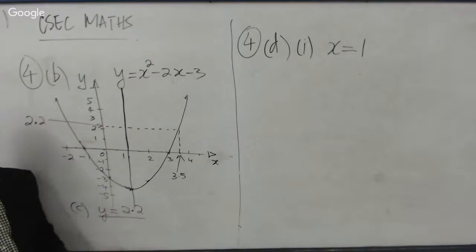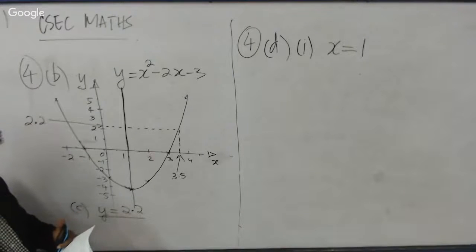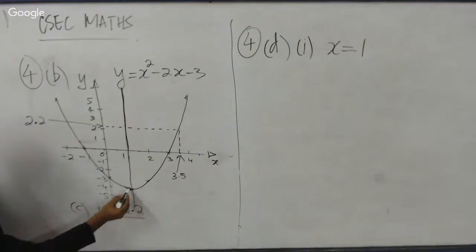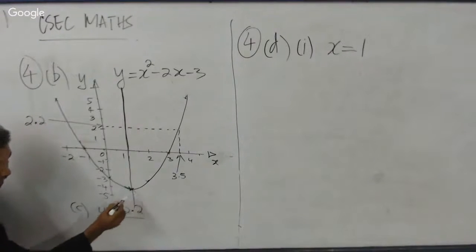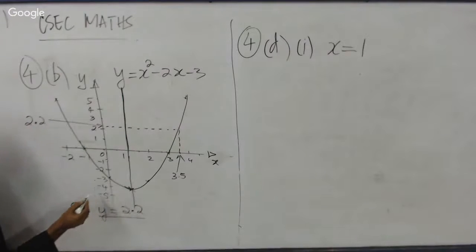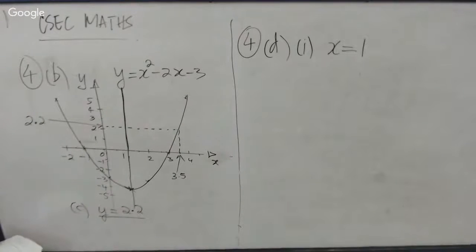Estimate the minimum. No, the one above. D. Above this. Question 4. Right. Estimate the minimum value of the function y. The minimum value of y would be here, the lowest point on the graph. You're carrying it across. And what you're getting is negative 4 point something? 4.2?